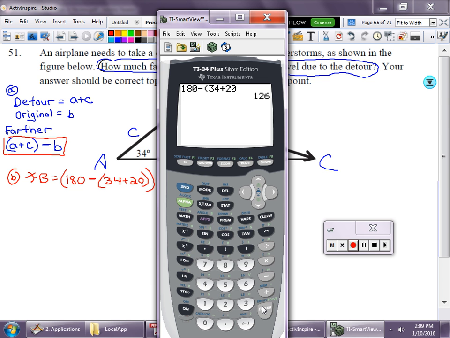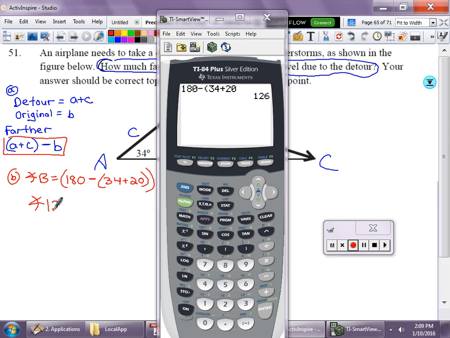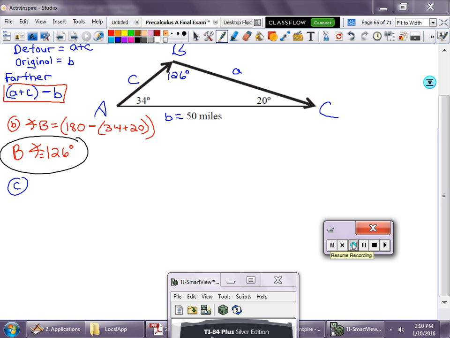Angle B, 126 degrees. So we need to find side A and side C.